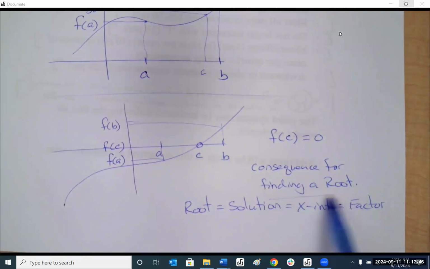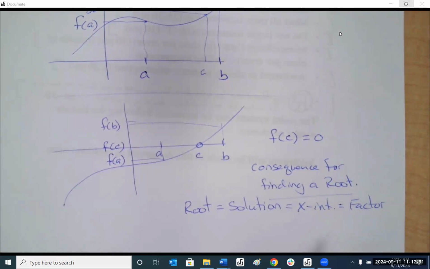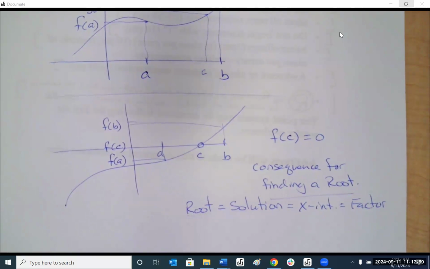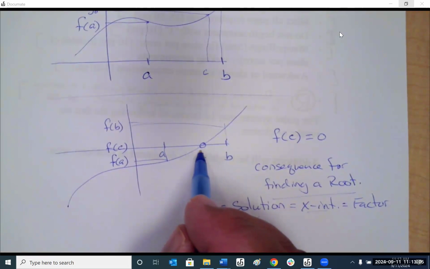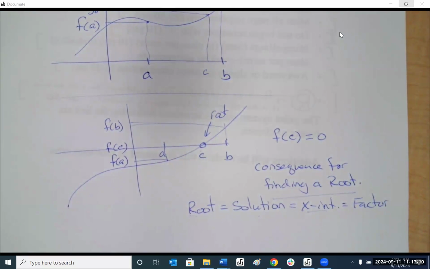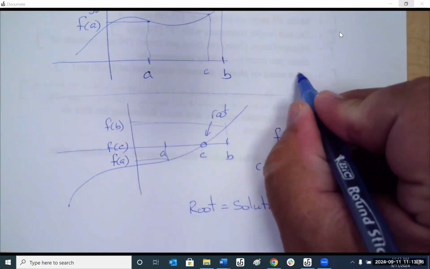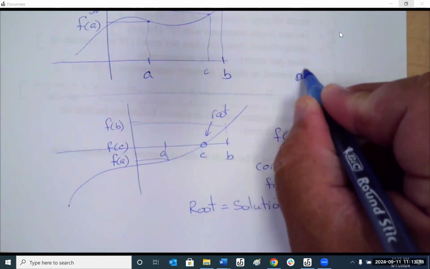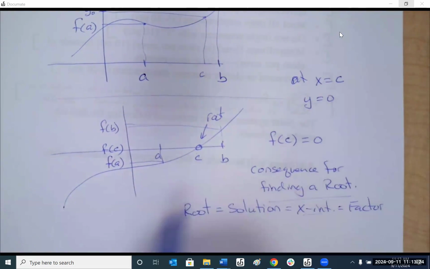So what this says is when you find a root, in other words, if I give you a function and you factor it out and solve those x's, those are all the roots of the equation. Those are all the x-intercepts, the solutions of them. That's what this is. This is your root. Why is it called a root? Because we know that at x equals c, y is equal to 0.